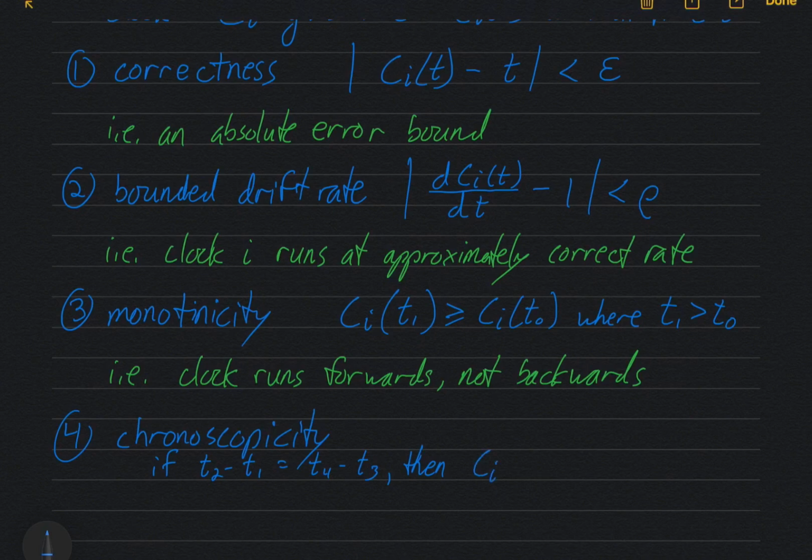So C sub I at t2 minus C sub I at t1 should be approximately equal to C sub I at t4 minus C sub I at t3.